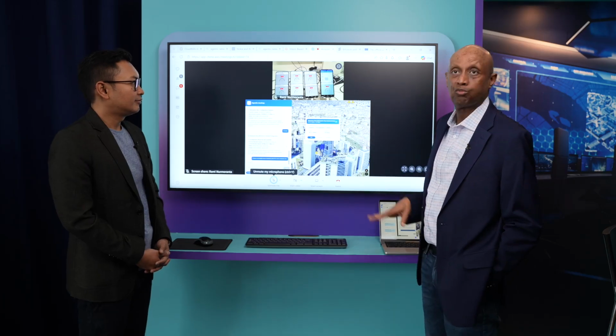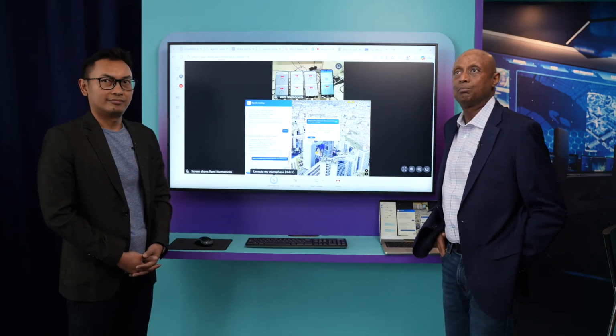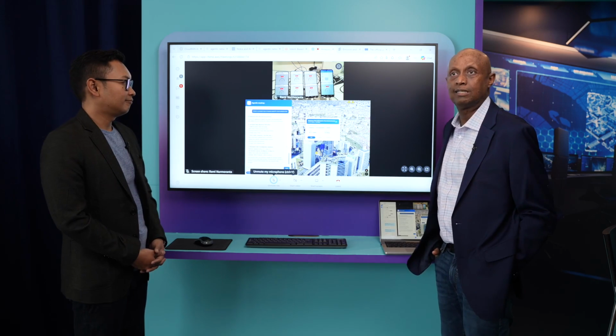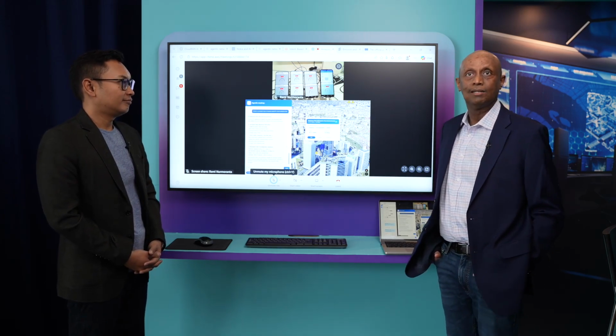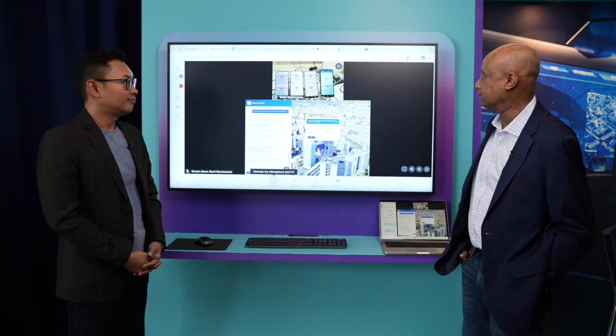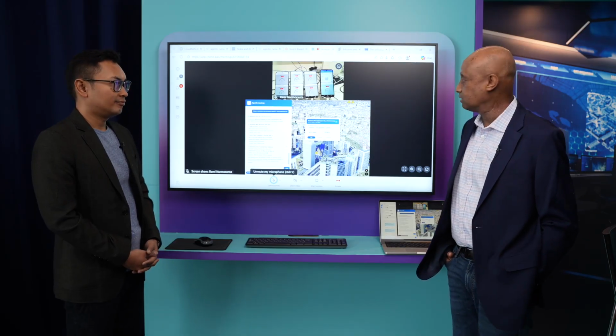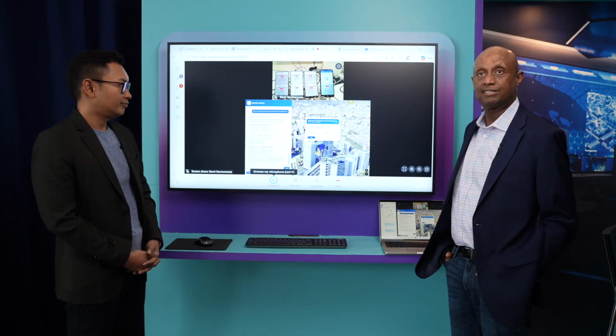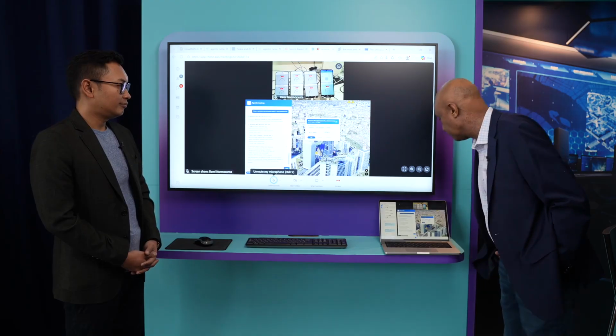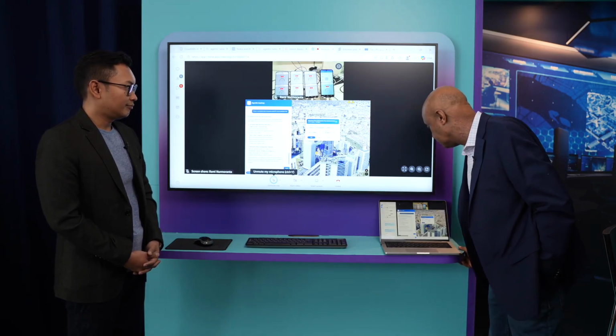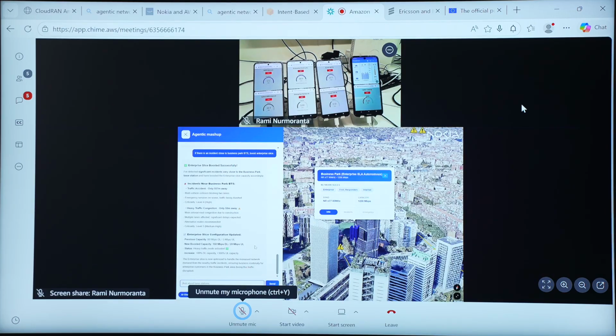So these are examples of 4 network slices that can be optimized using the agentic AI that Nokia has created. The first experience has to do with the enterprise SLA. So Nokia, please go ahead and show us the enterprise slice demo.